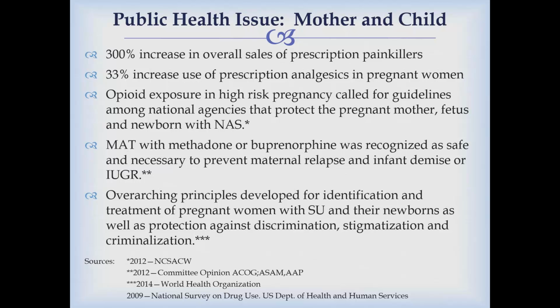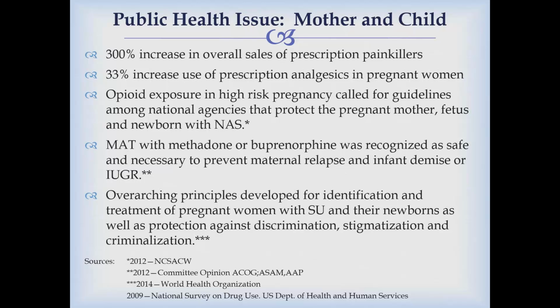Opioid exposure in high-risk pregnancies does call for guidelines among national agencies that protect both the pregnant mother, the fetus, and subsequent newborn with NAS. This was a policy statement by the National Center for Substance Abuse and Child Welfare.